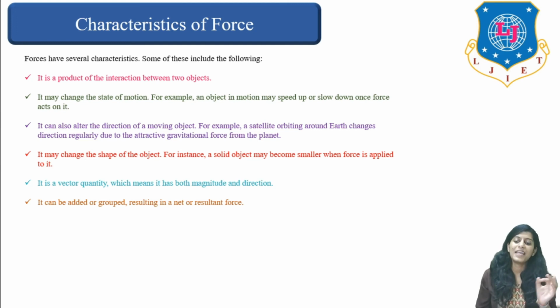Third one is it can also alter the direction of a moving object, right? This is very true. If you are applying force which is greater than the motion of that particular object, it can divert its direction. For example, let's take a satellite orbiting around Earth.